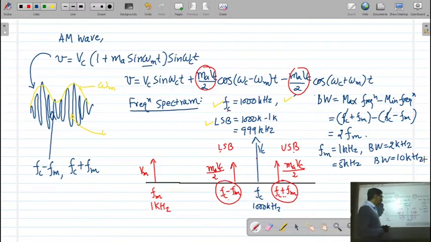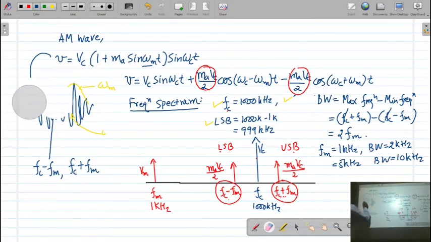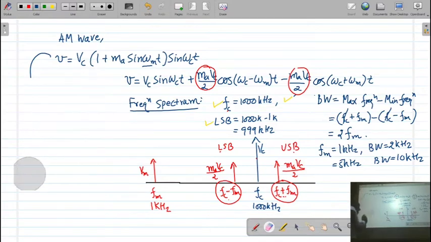Now already you know that our information signal is from 20 Hz to 20 kilohertz. Remember, so that modulating frequency will be from 20 Hz to 20 kilohertz.